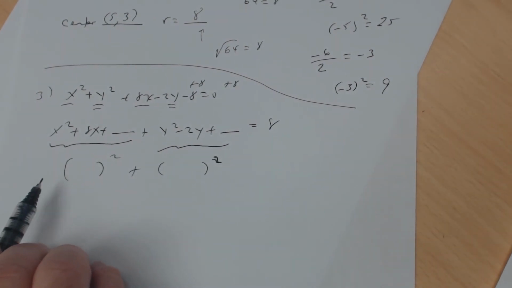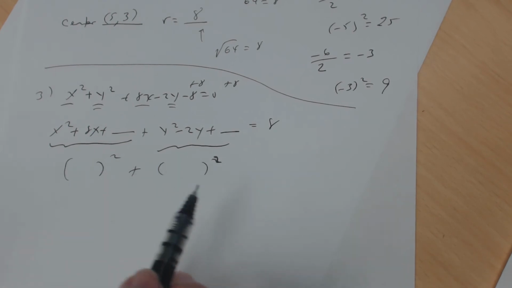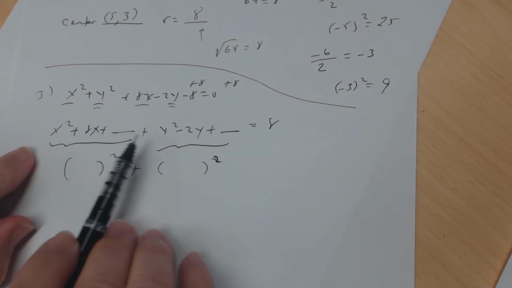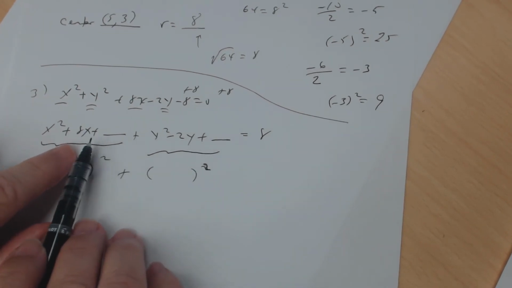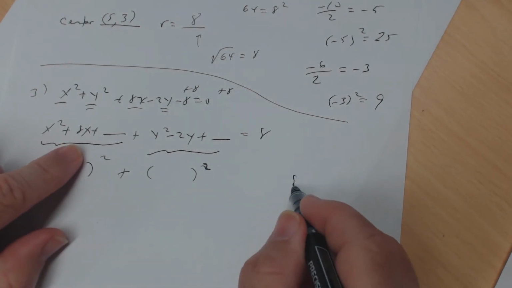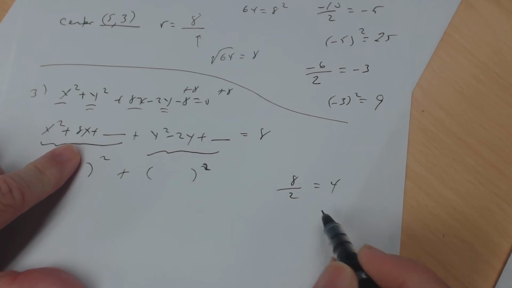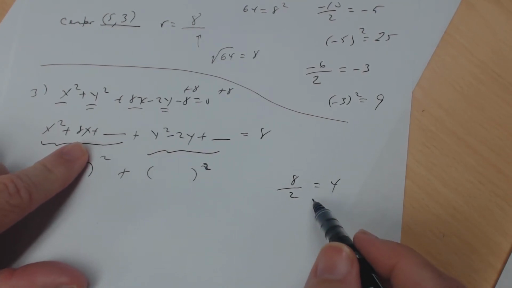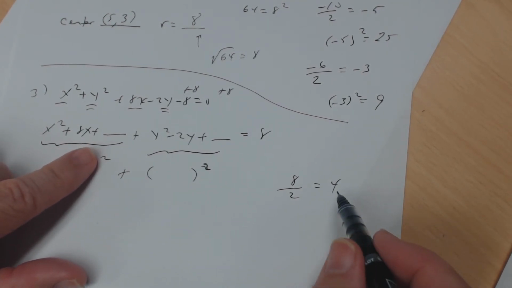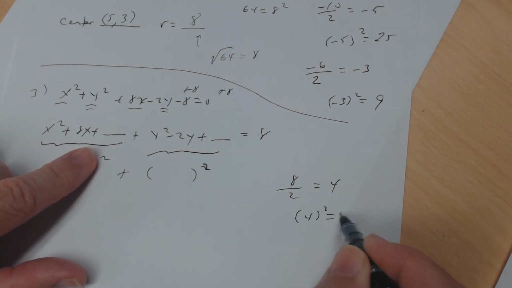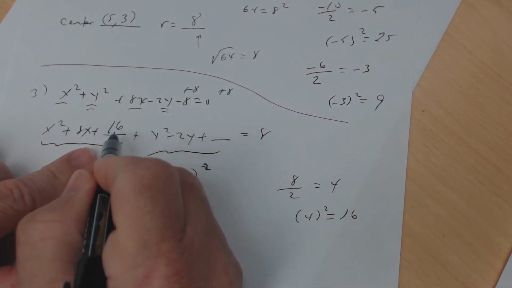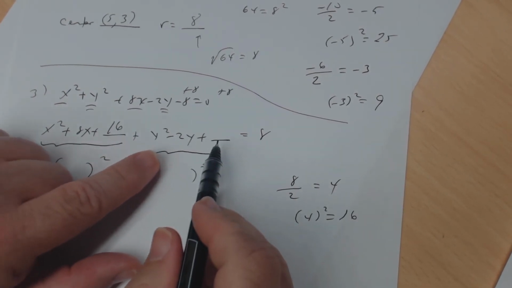Okay? All right, so let's go ahead and complete the square in the x's. So remember, these are x squared and y squared, which have a coefficient of 1. So I take the coefficient of x, which is 8, divide by 2, and I get 4. Now remember, don't just add 4, because you're forgetting to square this 4. So 4 squared is 16. So that goes here. Now let's do the y's.